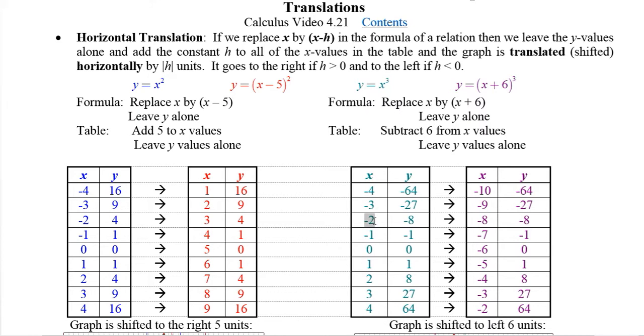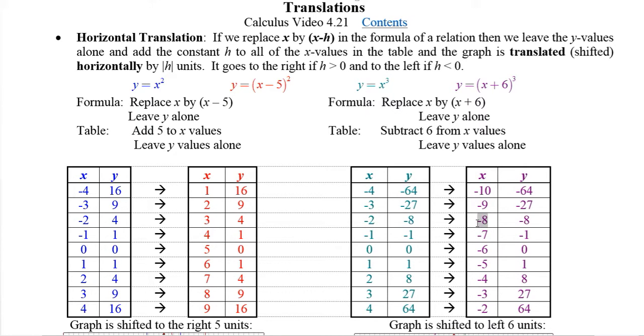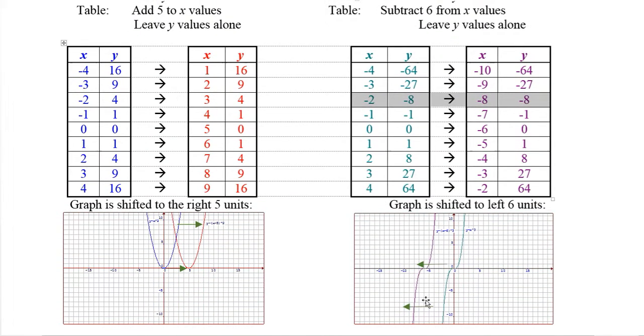So for example, -2 minus 6 is -8 right here. And we leave the y alone, so that gives us our corresponding point. And what this does is shift each one of these exactly 6 units to the left. So this is a horizontal translation.